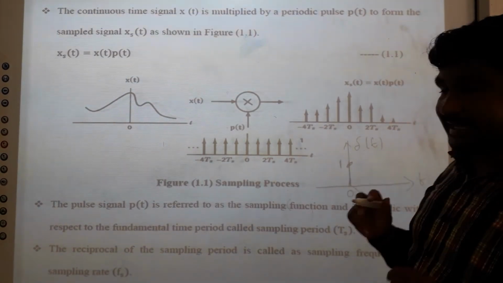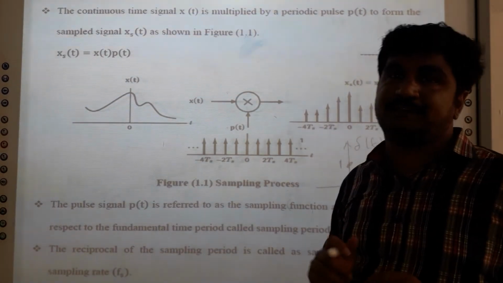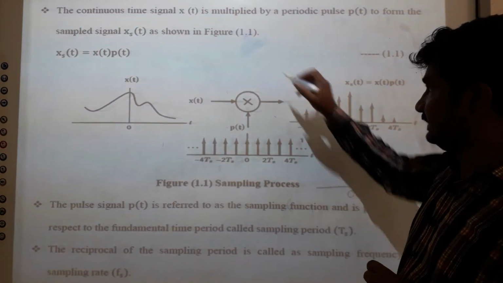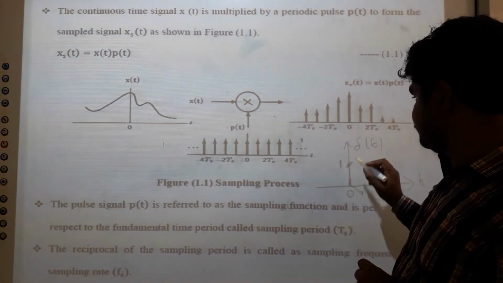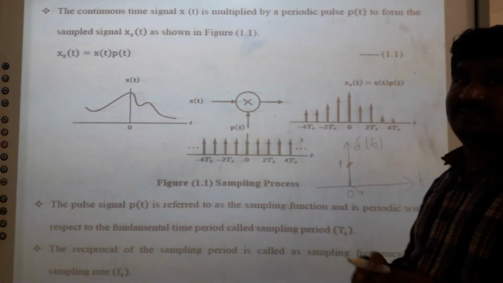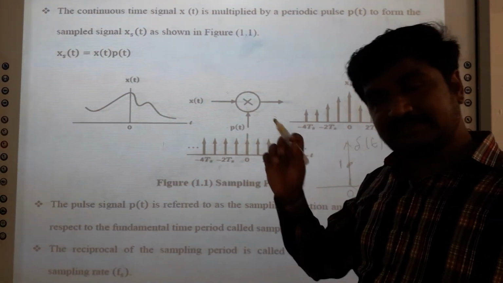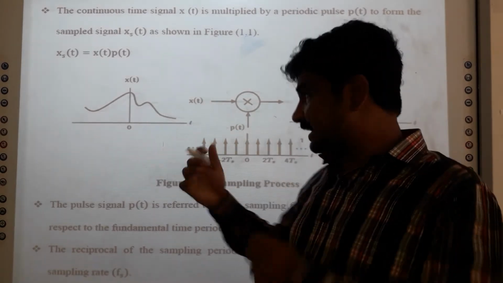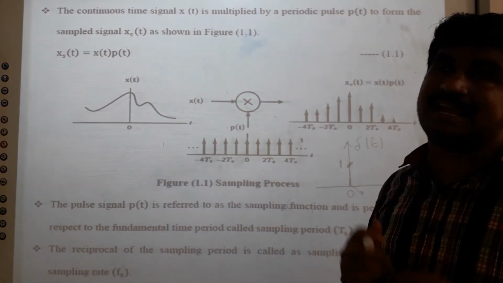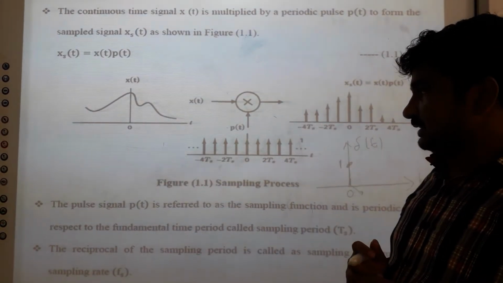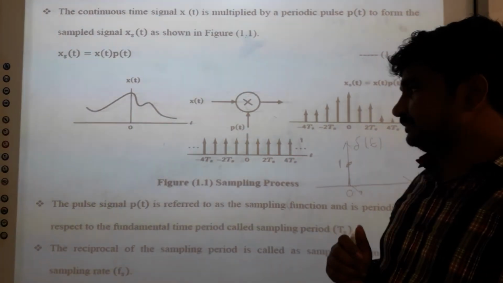Generally, the impulse train is defined with the help of a mathematical expression: p of t is equal to del of t plus del of t minus some value plus del of t minus some other value, wherever the shifts happen. I will elaborate on that in the next slide.